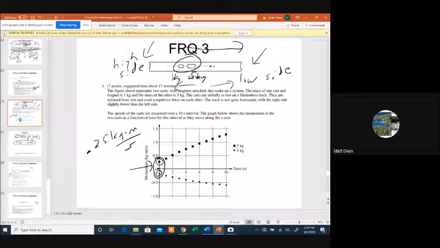And then the other object maybe has, let's see, what's a third of 0.5? So like 0.16 or 0.17, somewhere about 0.15, 0.16. Let's just make it easy and say 0.15 up here.